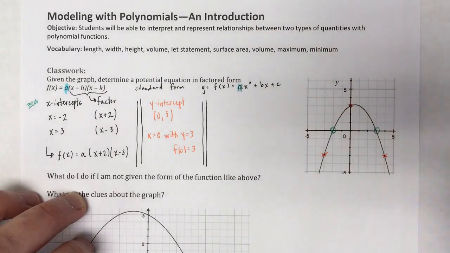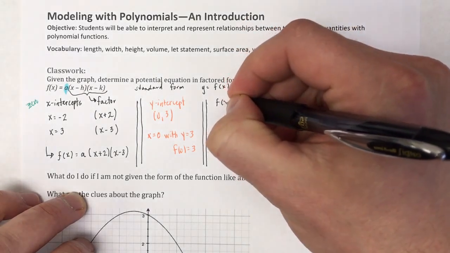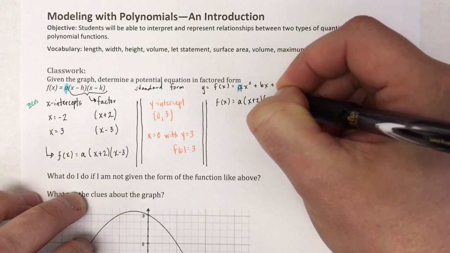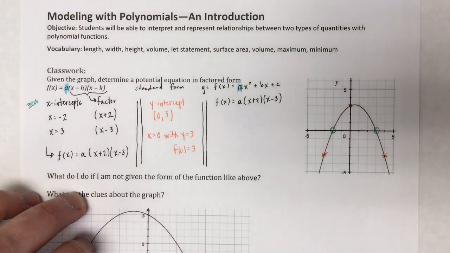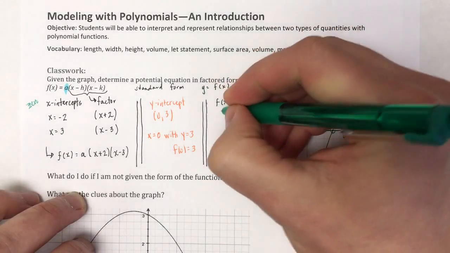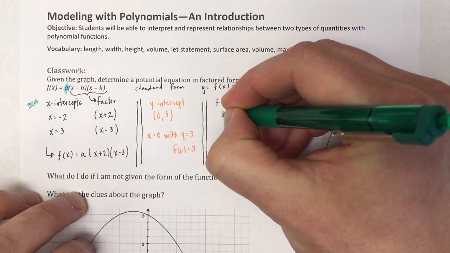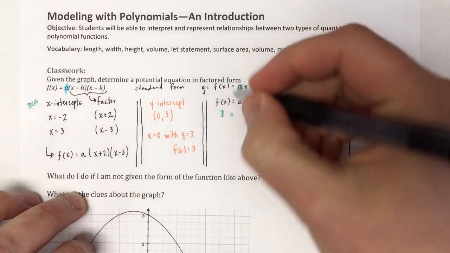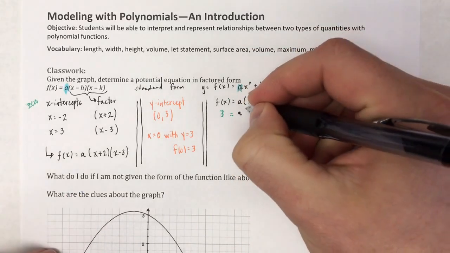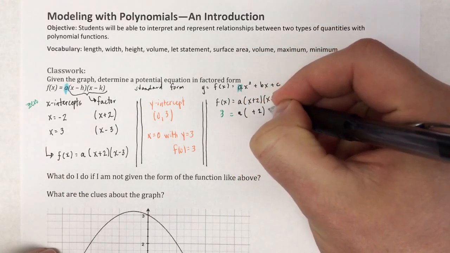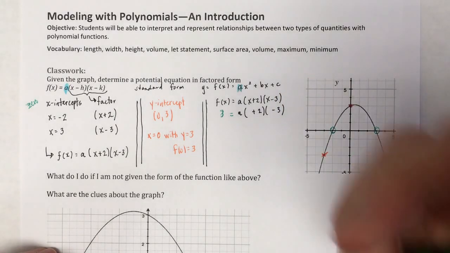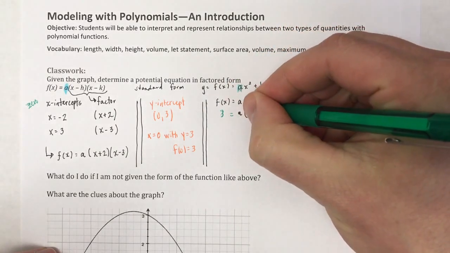So I start off with f of x equals a, x plus 2, x minus 3. And then I can put in each of the values. So I know that f of x is going to be equal to 3 when x is equal to 0. And so I'm just going to put in this template for the moment, and then I'll put the zeros in.